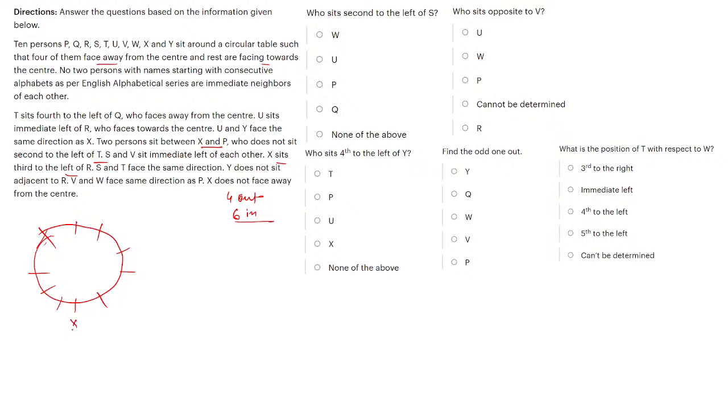So if we take X here and third to left of R, and R faces towards the center, that means R is here and X is third to left of R and 2 persons in between X and P. So here P can't come, so P would be here as well, right? Okay. Now, take another possible case here.